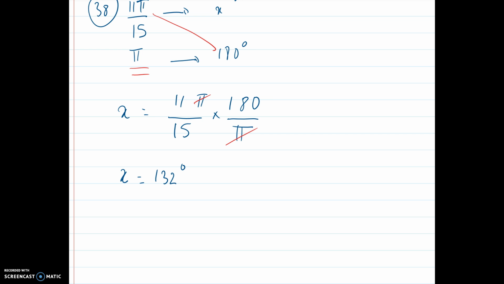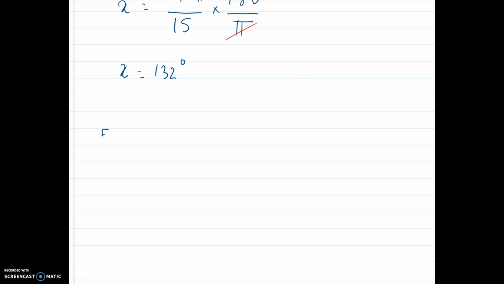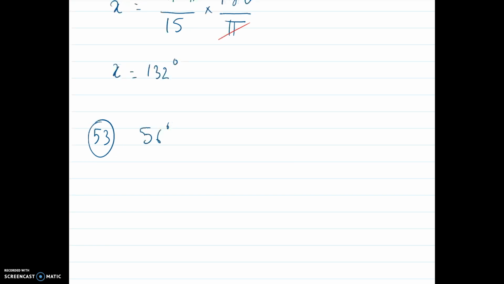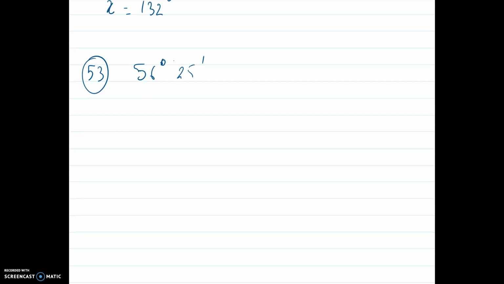So we already did that many times, but I'm going to do problem number 53, where we have 56 degree 25 minutes. Well, remember, if I want to write that in decimal, it's going to be 56 degree 25 over 60 degree.